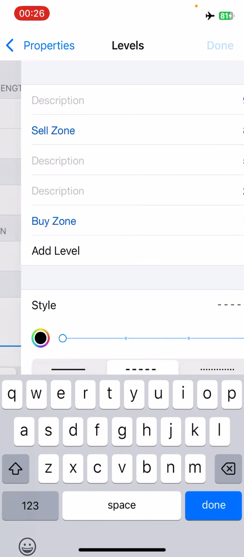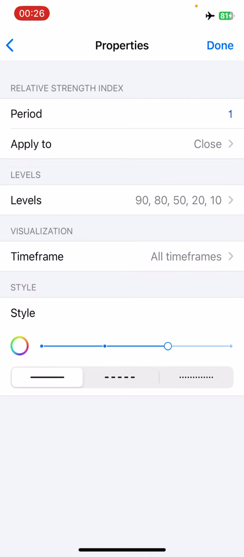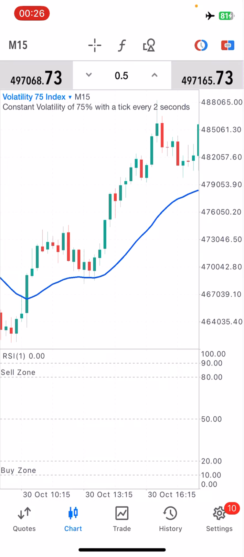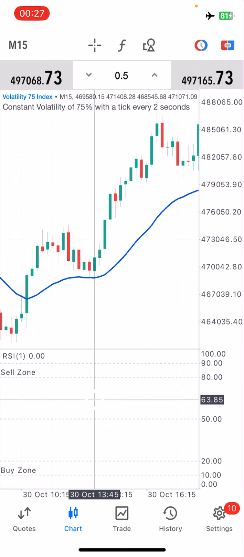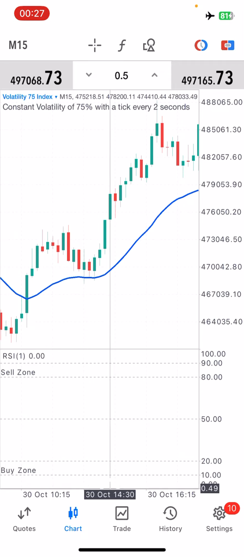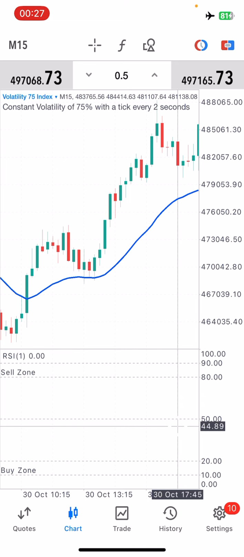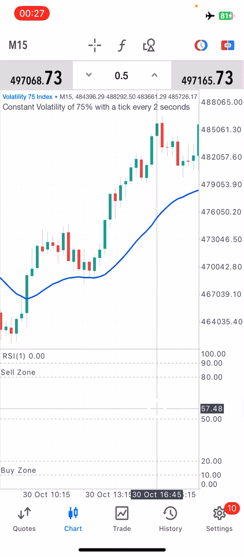Okay, and then I'll click done. And on my visualization again, I can allow this to be on all time frames. And then on the style, we're going to have that white color, or the same color as my background. Okay, so if you have a black background, make sure you choose black for that. If you have a white, choose white like I did. So if you click done, you see that we now have our nice zones under our indicator window 1. So we've got the buy zone that we had, the sell zone, and the 50 level right here as well.